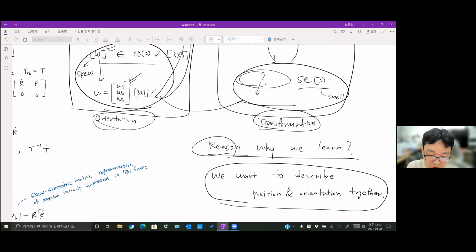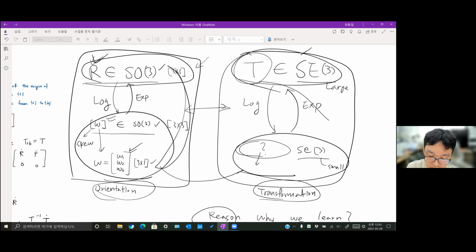Actually, in the homogeneous transformation, there is a rotation matrix and a position vector like this. So that was a 4x4 matrix. In this 4x4 matrix, we described the rotation and the translation together.